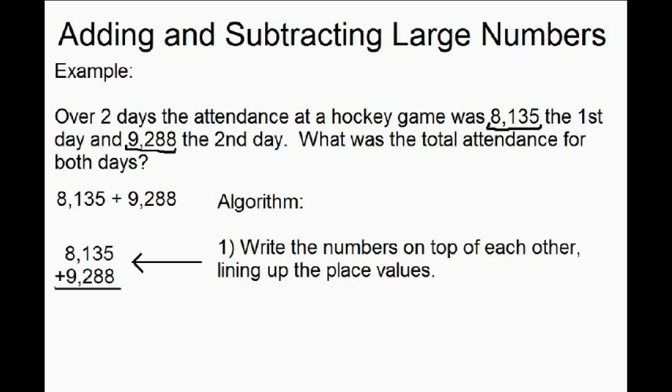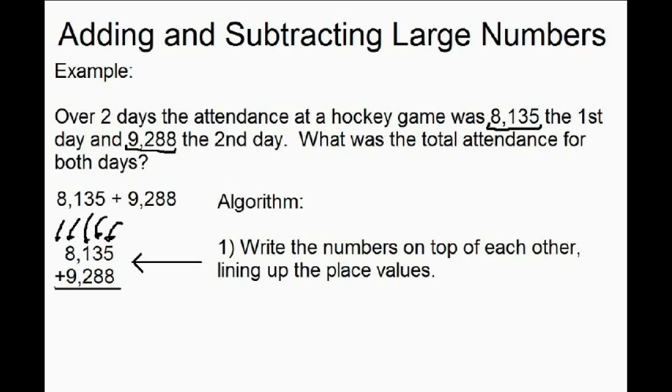Here we've taken these two numbers and stacked them, lining up the place values. In this column we have the ones place, then the tens, then the hundreds, then the thousands. We don't have any bigger places here, but if we did, it would continue on.